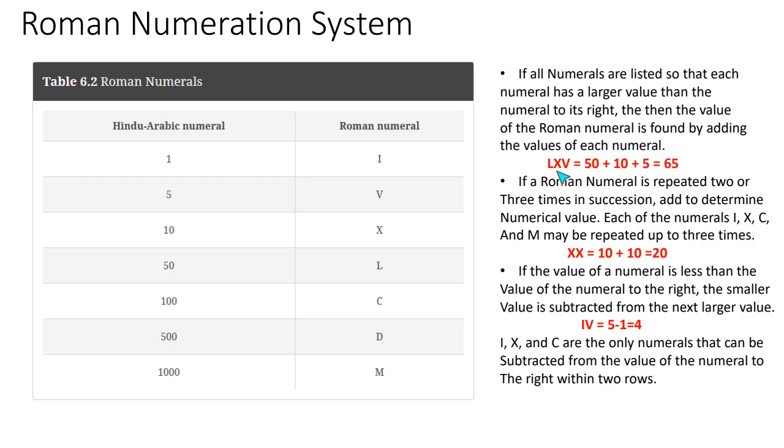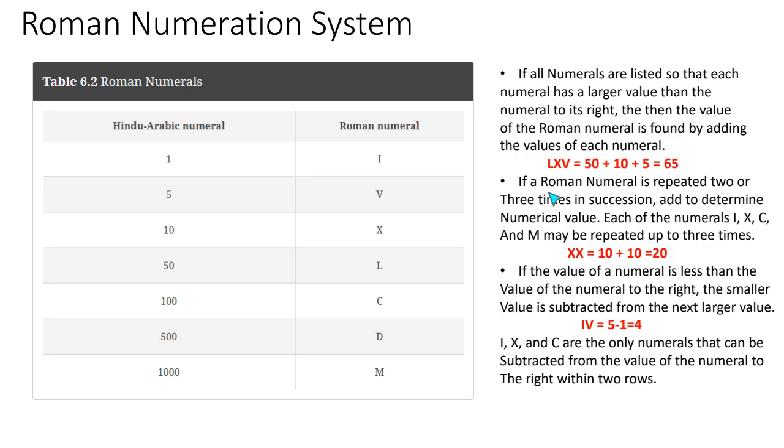L represents 50, X represents 10, so it is. So for L, we would just write 50. And then for X, is X bigger than V? It is, so we would just write 10. And then V is going to be 5. So to find out what this number is, we just add 50 plus 10 plus 5, which is 65.